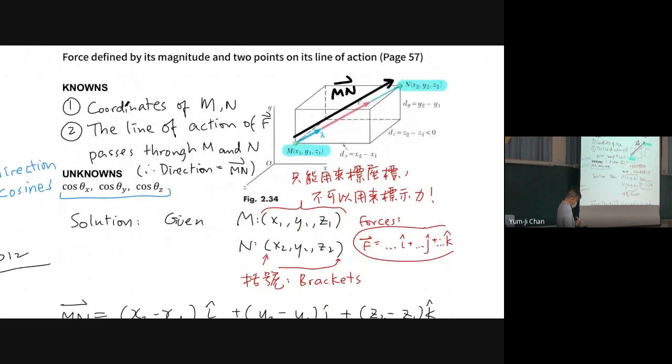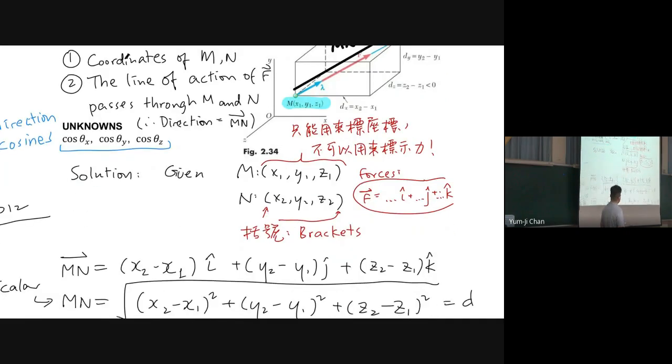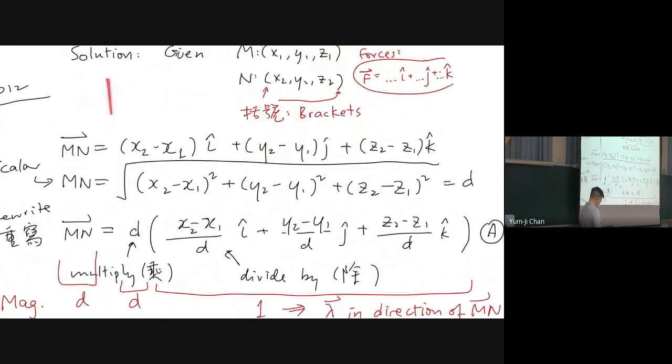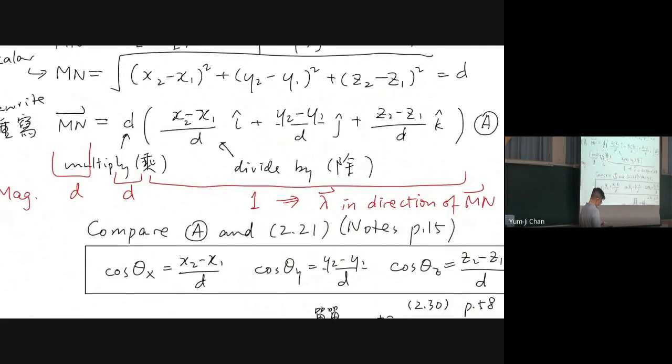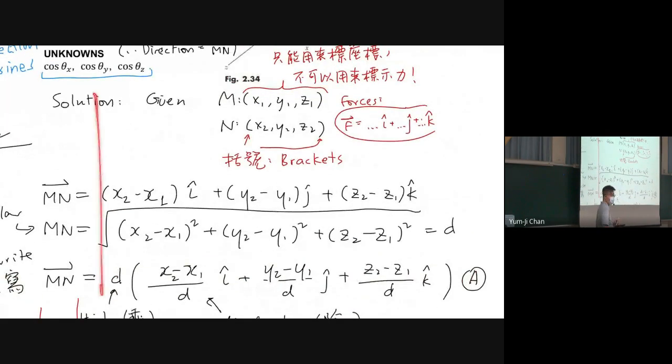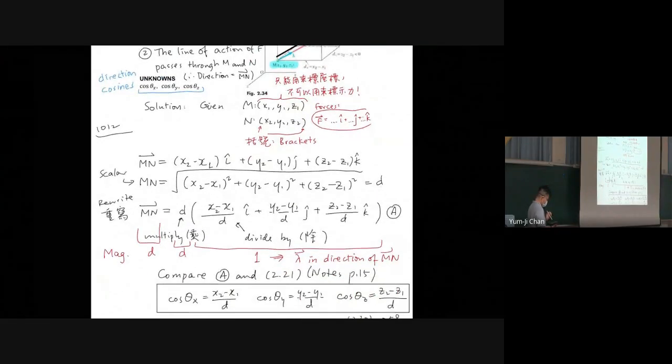So we know the force goes through points M and N, and we know the magnitude of the force, and we know the 2 points on its line of action. Therefore, we have this SOP on how to determine the force vector. Is that okay?